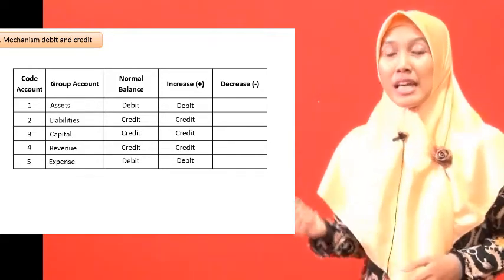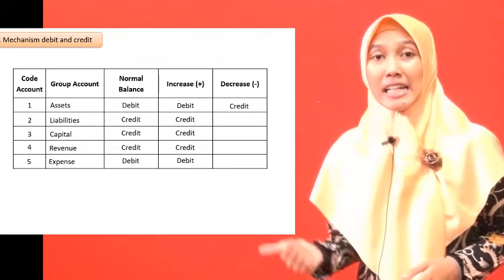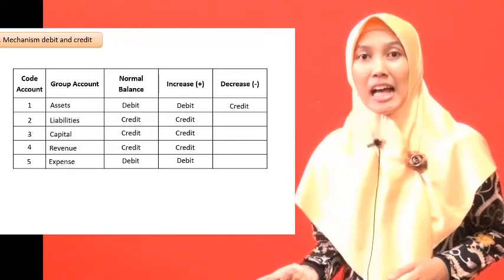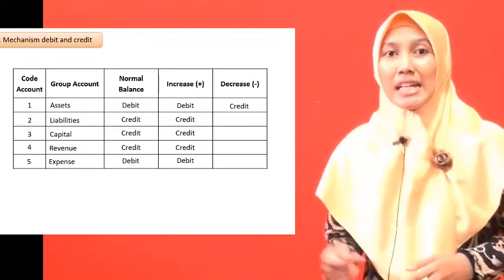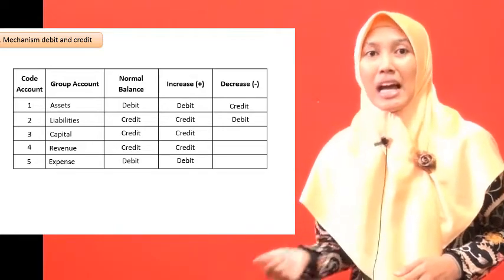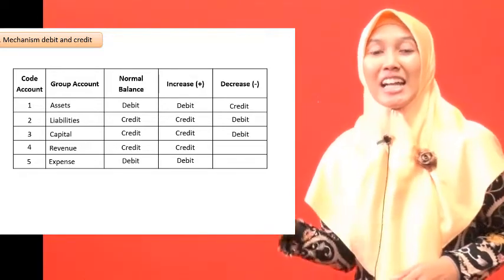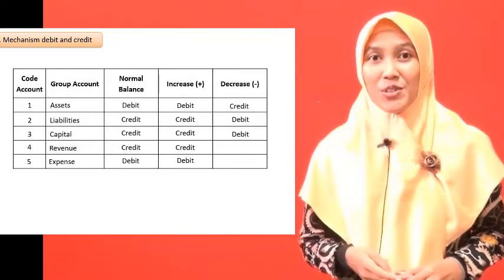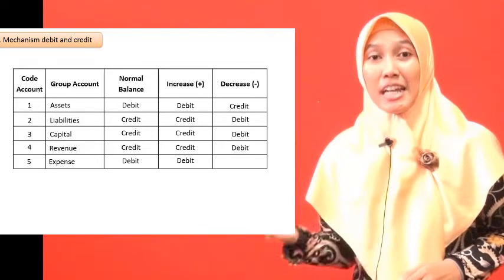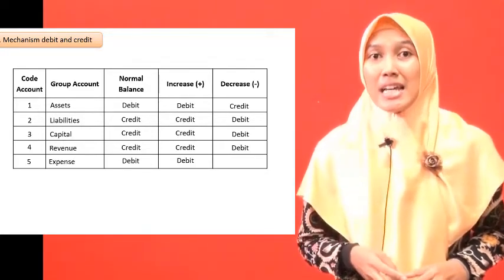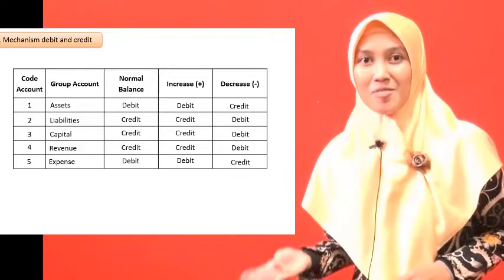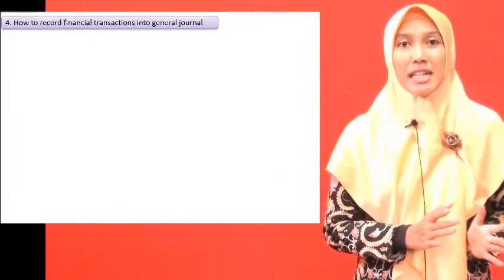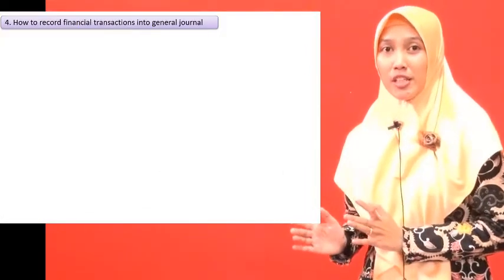So, asset decrease in credit, liabilities decrease in debit, capital decrease in debit, revenue decrease in debit, and expense decrease in credit.